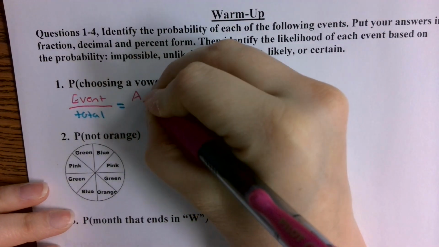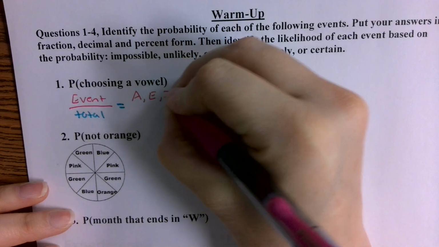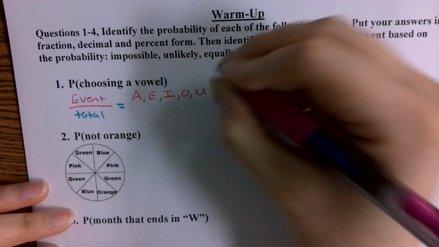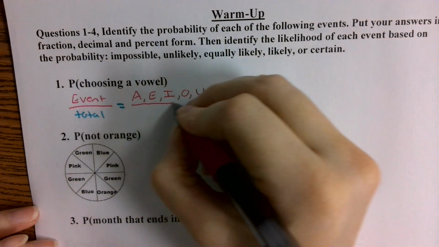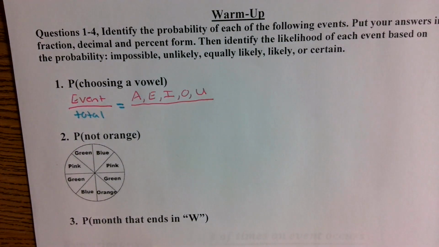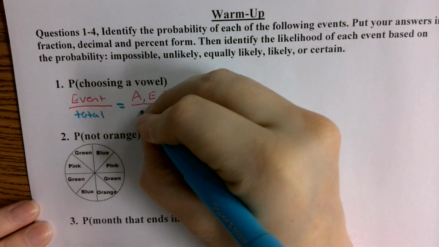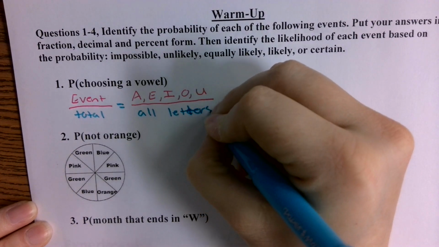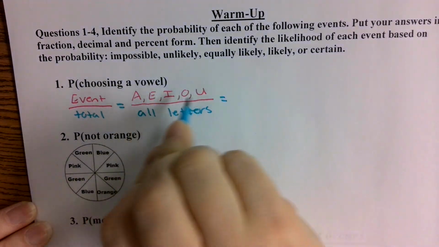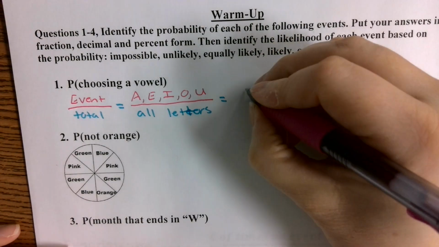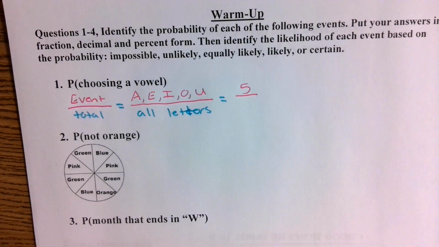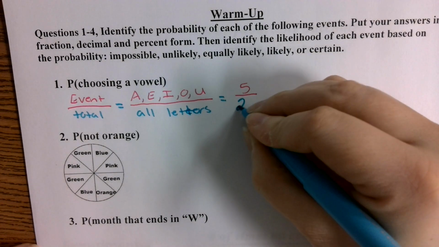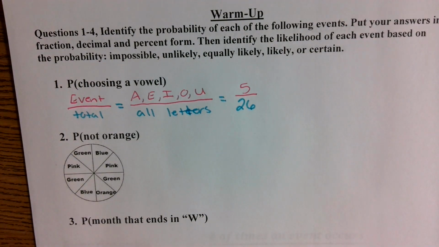Vowels are A, E, I, O, U. Those are our vowels out of all the letters in the alphabet. So how many vowels are there here? 5. How many letters are in the alphabet? 26. So we have 5 over 26.